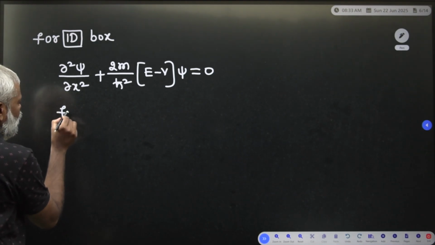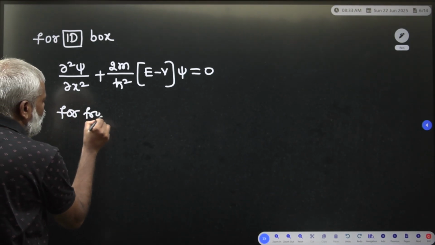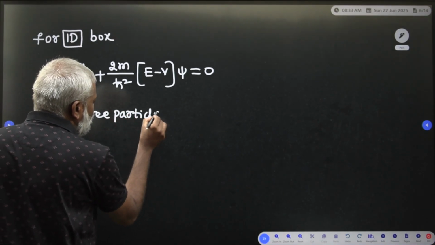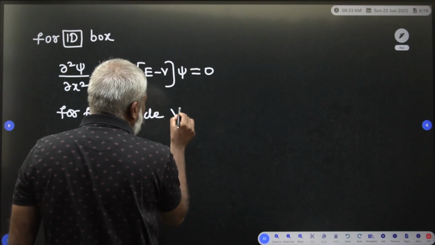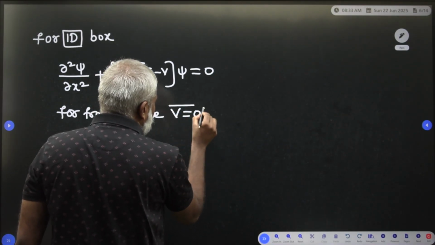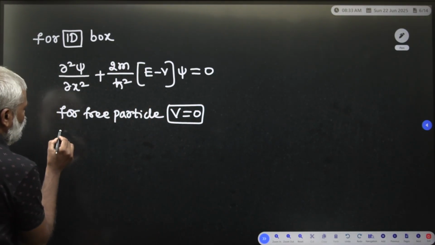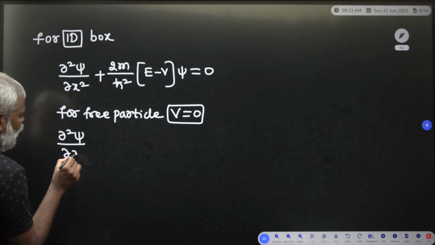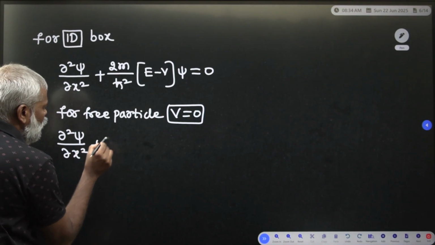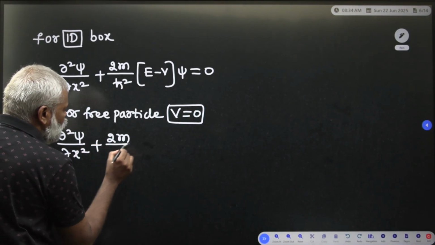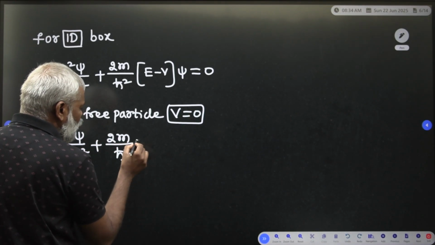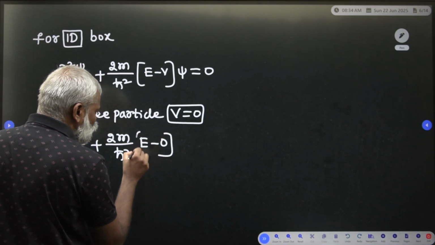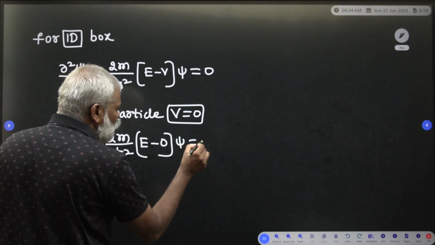For a free particle, your particle is going to be taken as a free particle. So, what will happen? The potential is equal to 0. Your potential being 0 means ∂²ψ/∂x² + (2m/ħ²)(E − 0)ψ = 0.